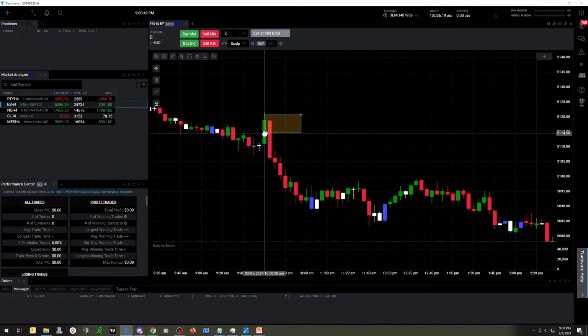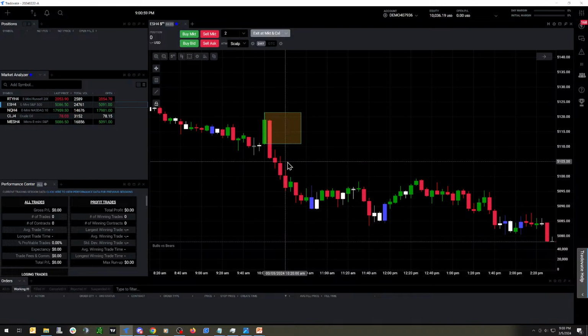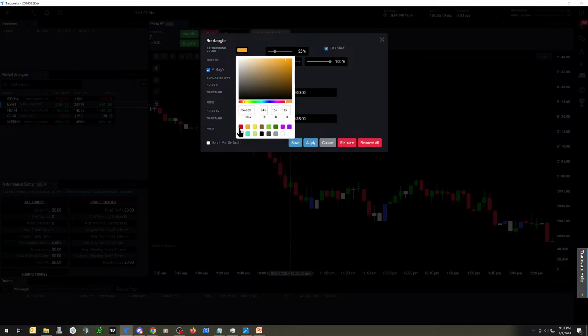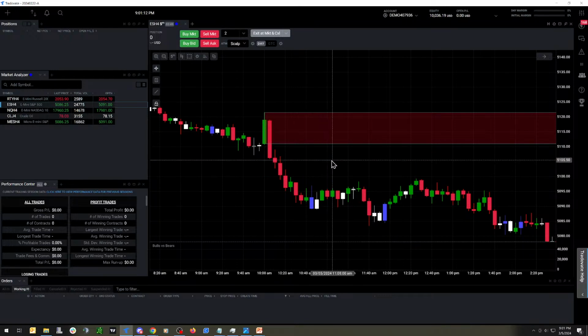I'm going to draw it to here because this is where the trend continued. This was outside of the trend. And then I'm going to make it red to remind me that you would sell in that area.